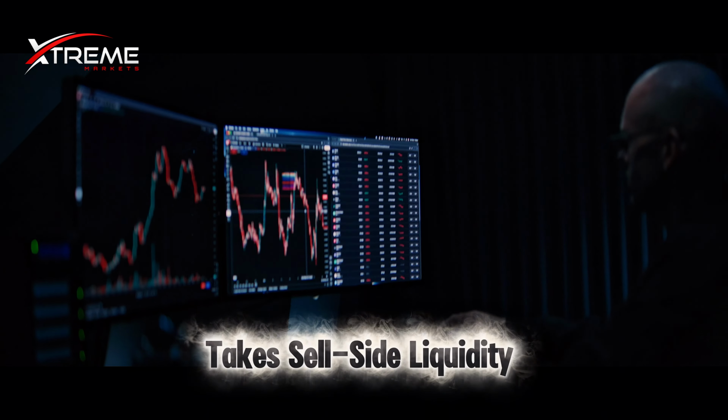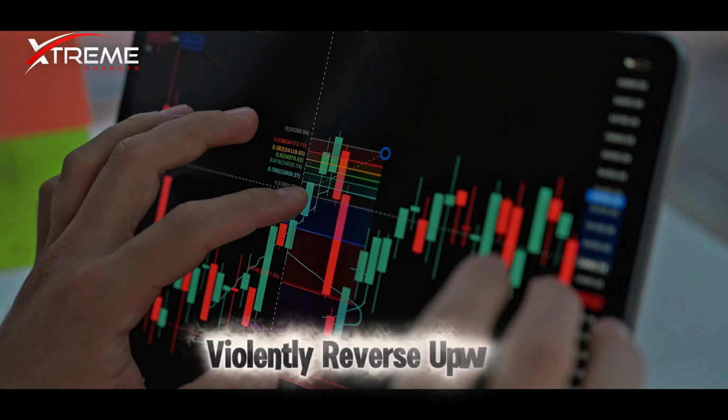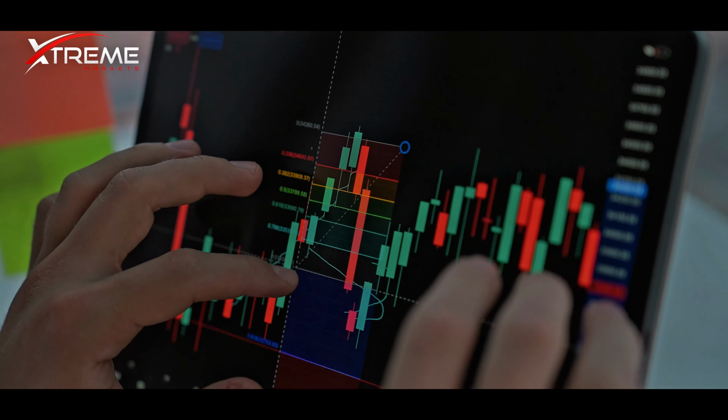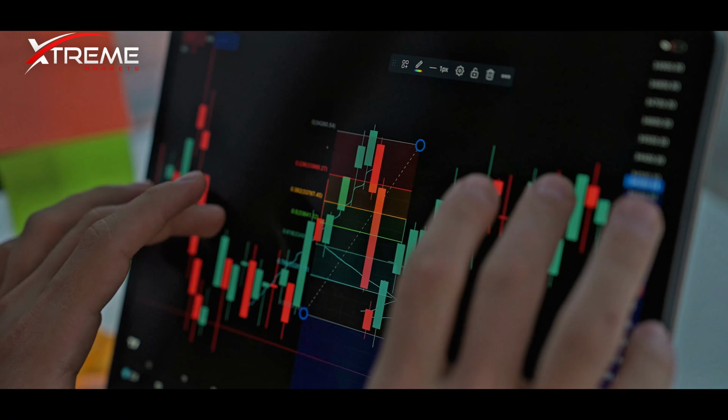Or price drops, takes sell-side liquidity, then violently reverses upwards. To beginners, it looks random, but to experienced traders, it's liquidity being collected.